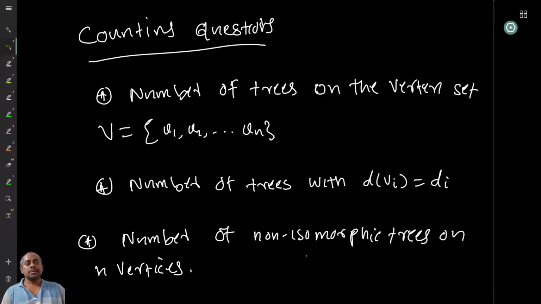So if there are isomorphisms, we don't want to count all of them. We want to say how many trees there are that are distinct under isomorphism. So how many classes are there under this equivalence relation of isomorphism? That is another question one can think about.